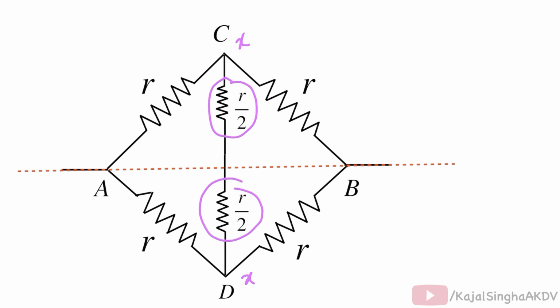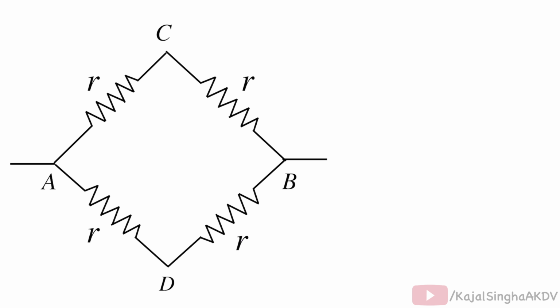Now, this circuit becomes like this, and if we take the potential of point A as VA and the potential of point B as VB, then we can see that the resistor connected between points A and C and the resistor connected between points A and D have equal potential difference, which is VA minus X. So these two resistors can be considered to be in parallel combination, and their effective resistance will be R by 2.